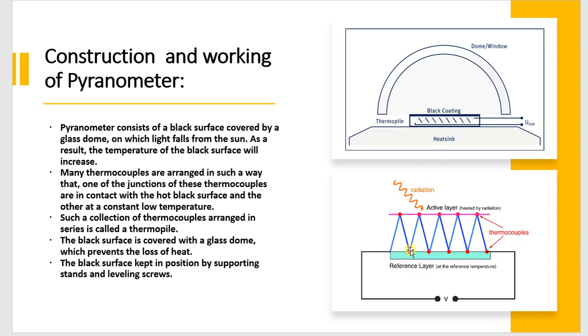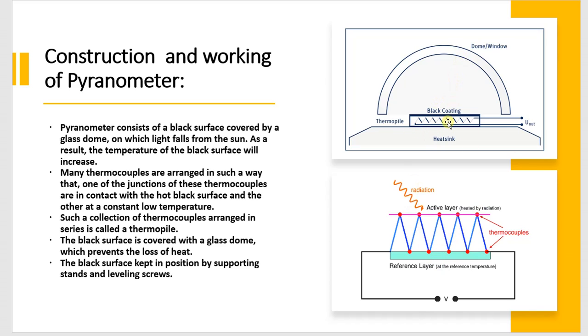Not a single thermocouple, a set of thermocouples are arranged at the bottom of this black coating in such a way that one set of junctions is in contact with the black coating and the other set of junctions is kept at a low temperature, at the bottom, so the temperature of that region will be low.